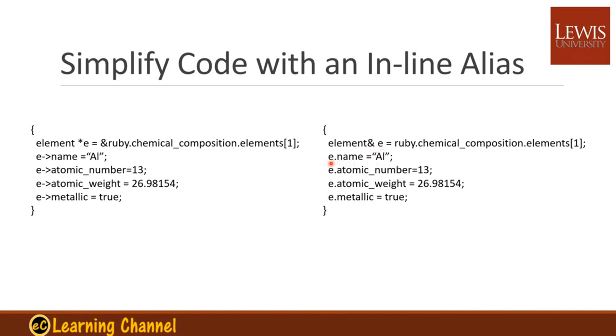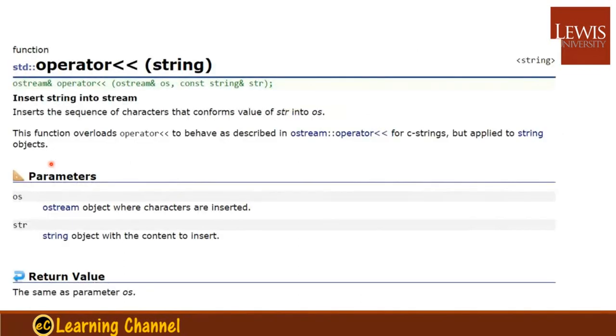For the structure, we use the dot as the specifier for the data field, and here we use the dereference sign, the arrow. So the two are equivalent. And we have the operator, left double angle, that inserts a string into a stream. That is actually one operator in C++ language.